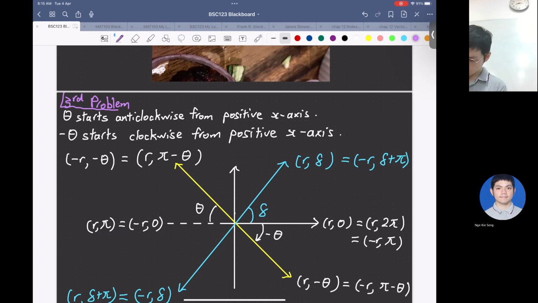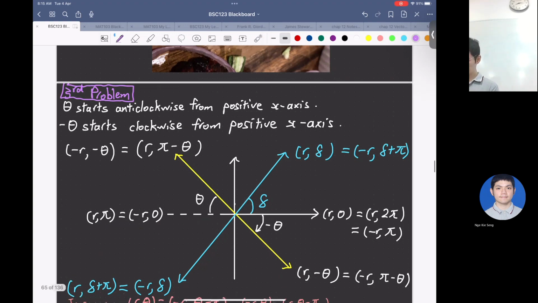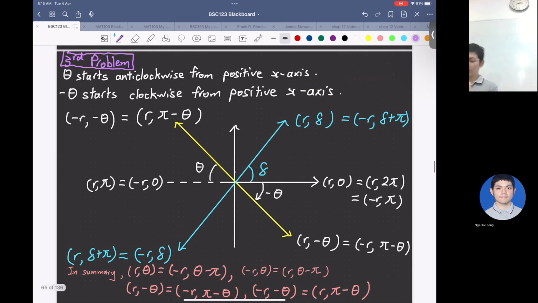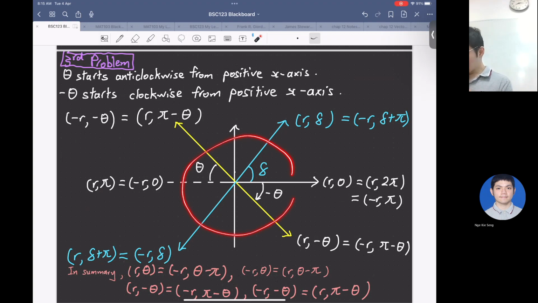If you think too many things here, never mind, just follow what I said first. At first, you can explain everything in this diagram using just positive r and positive theta. Positive theta is anticlockwise from the positive axis, so 0 to 2 pi.